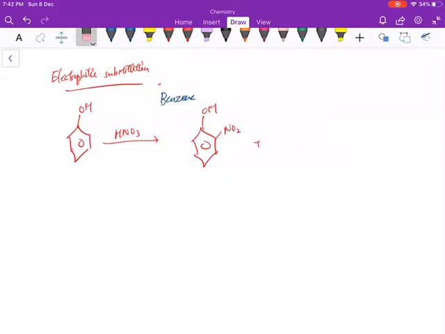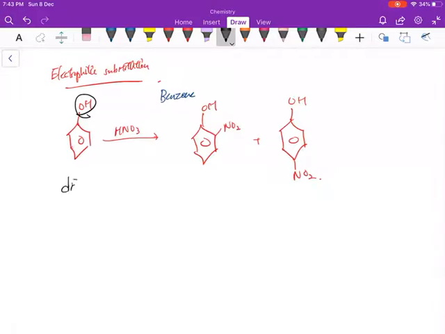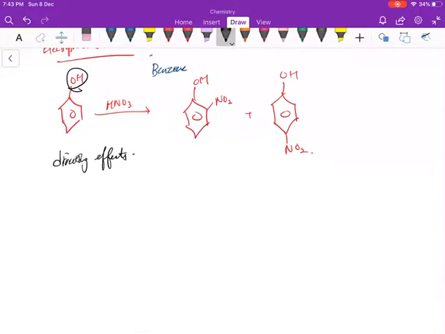Oh god, it's too ugly, sorry. And it forms something like that. Now, there's quite a lot going on here, so I'll try to explain in a bit more detail. The OH group in phenol actually has a directing effect for other substituents at the places 2, 4, 6.